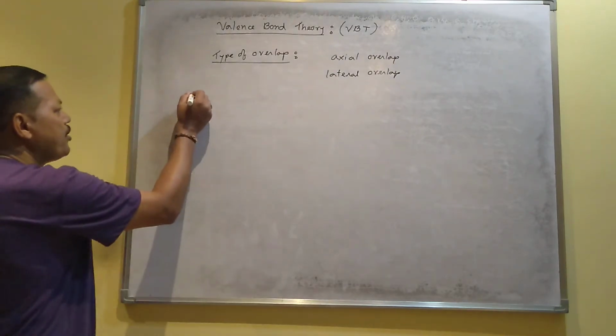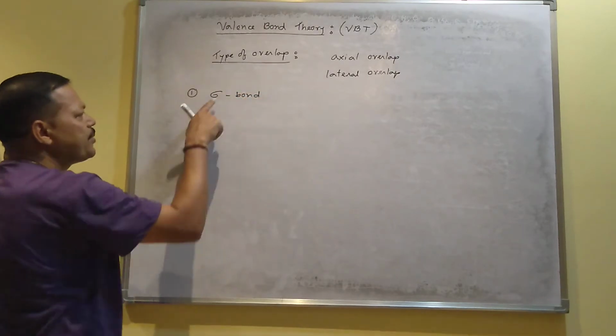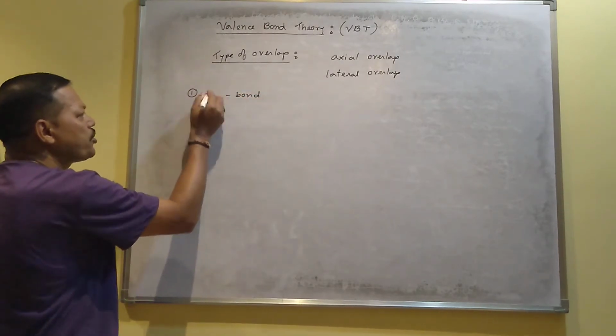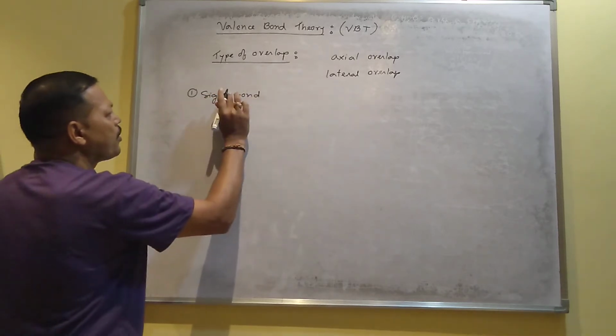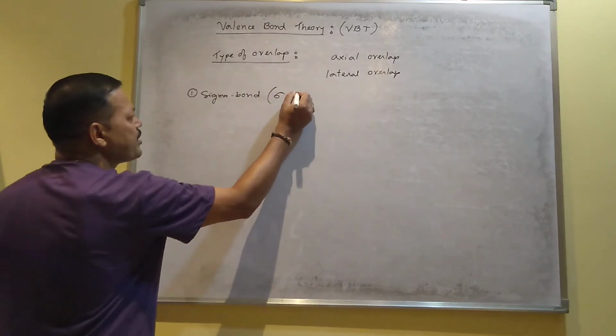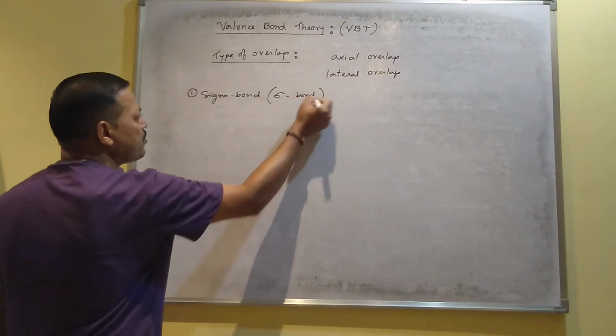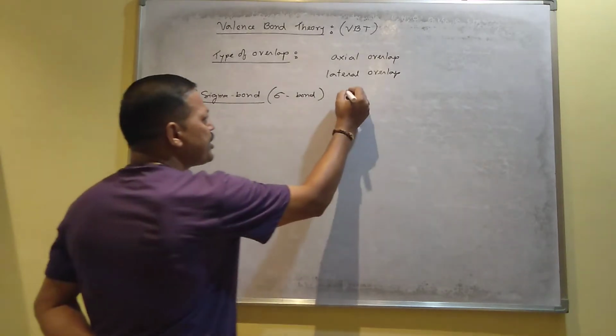First I will discuss the sigma bond. You can write sigma in symbol form also, like this. Sigma bond. The symbol is like this, the sigma symbol.